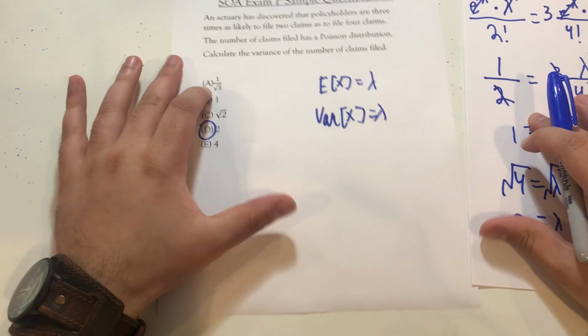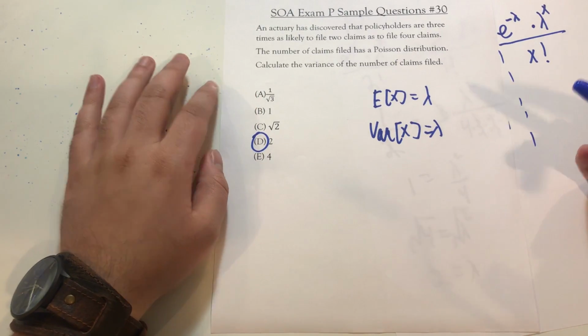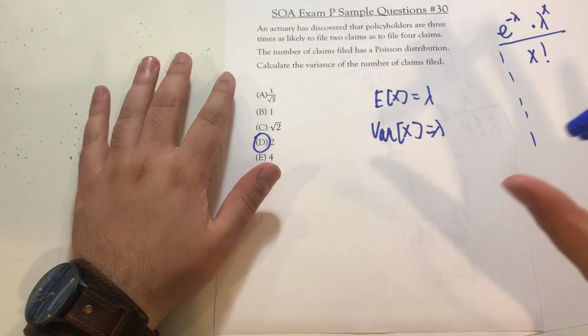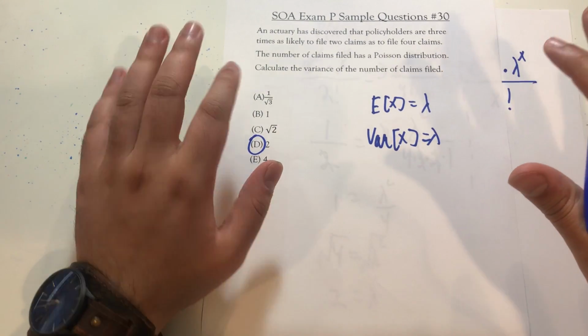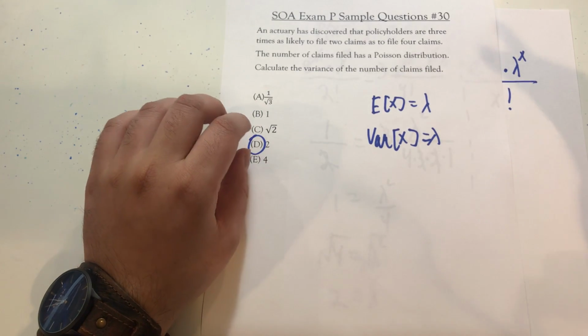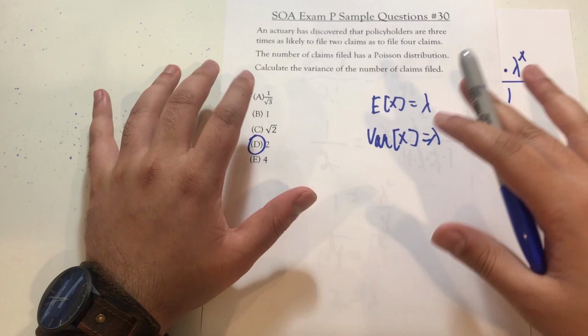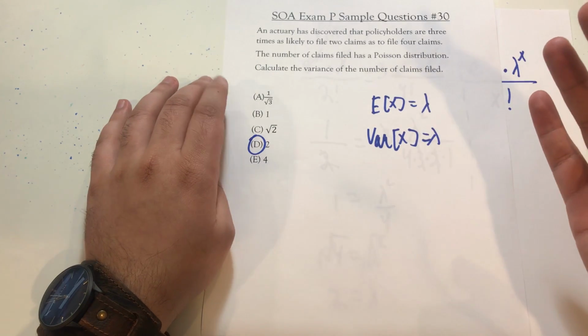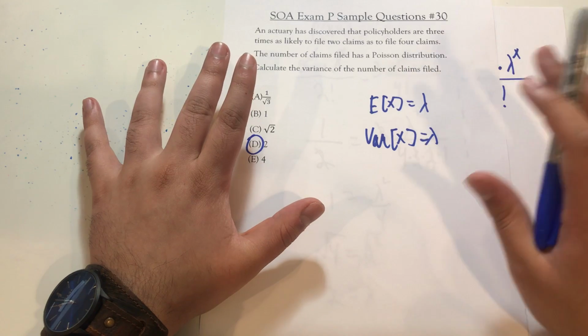One thing I will say is, in terms of discrete probability distributions, Poisson and binomial most frequently occur. Uniform occurs frequently, but more so in the continuous case than the discrete case. Typically, those kind of things occur when you have a policy with a deductible and the loss is uniformly distributed or something like that.